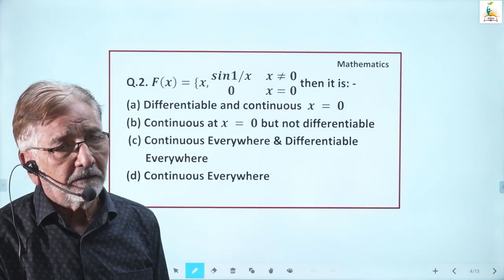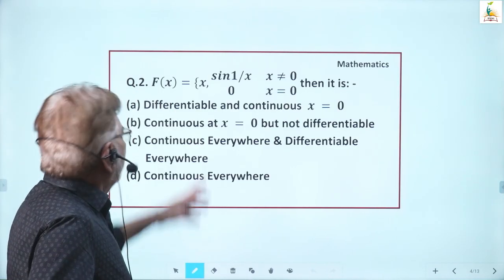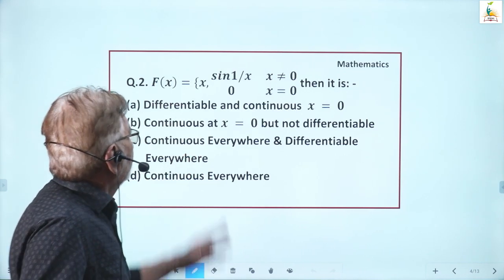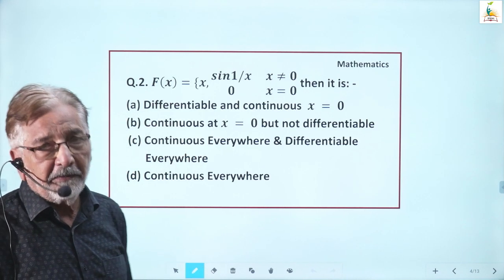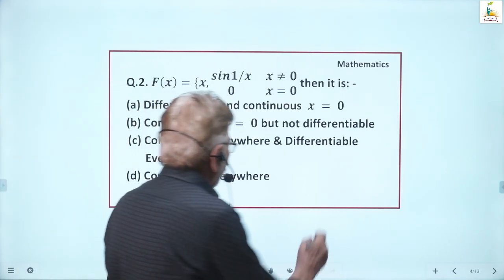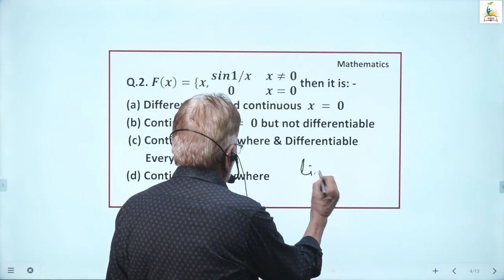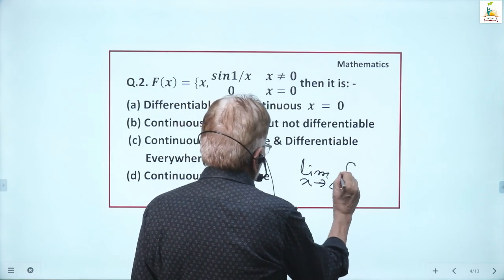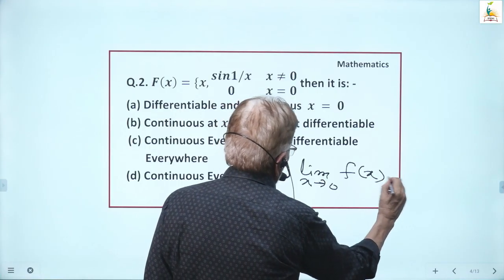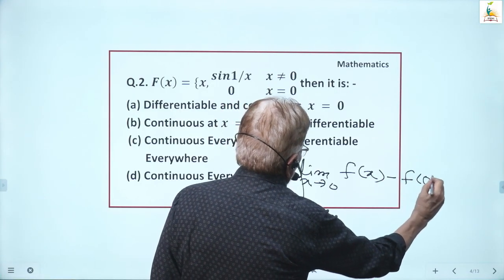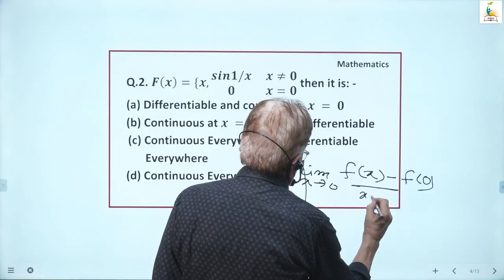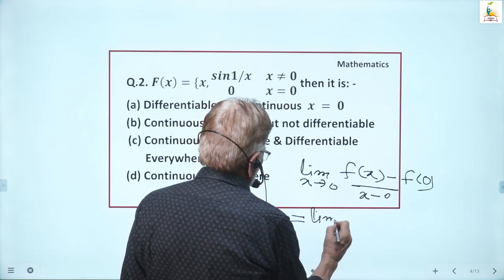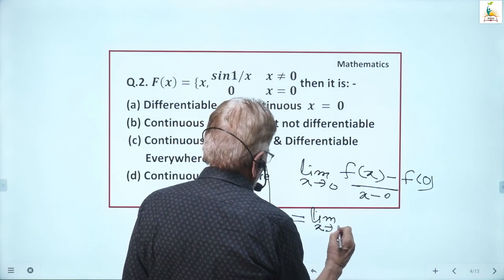So one thing is sure, this function is continuous at x equal to 0. Now let us see the matter of differentiability. The limit as x tends to 0 of (f(x) - f(0))/(x - 0) will be equal to the limit as x tends to 0 of sine(1/x).